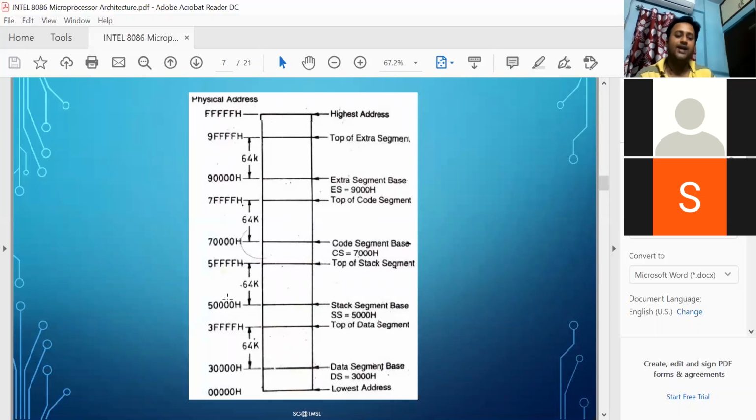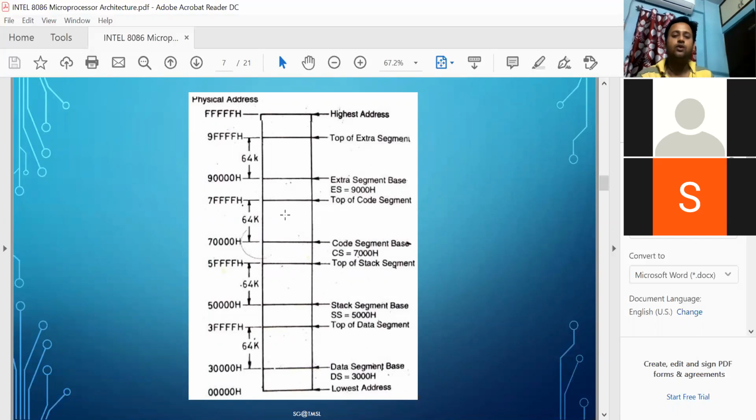So that's why it starts from 00000 to FFFFF. Clear? Now this total memory is divided into 4 segments. This one is used for the data segment. This position is used for the code segment. It is used for the stack segment.